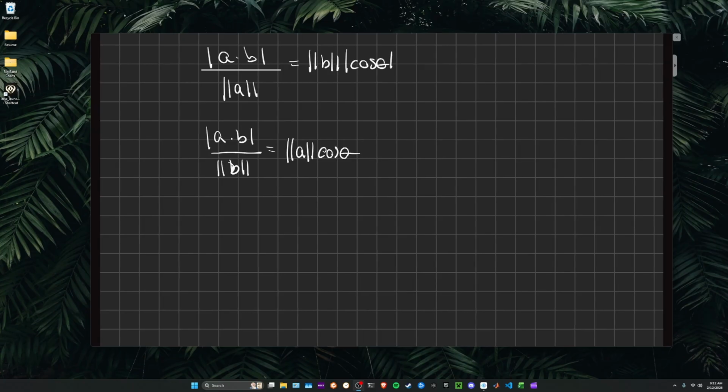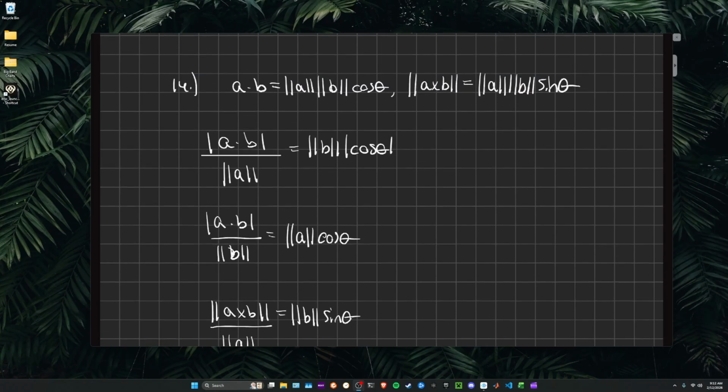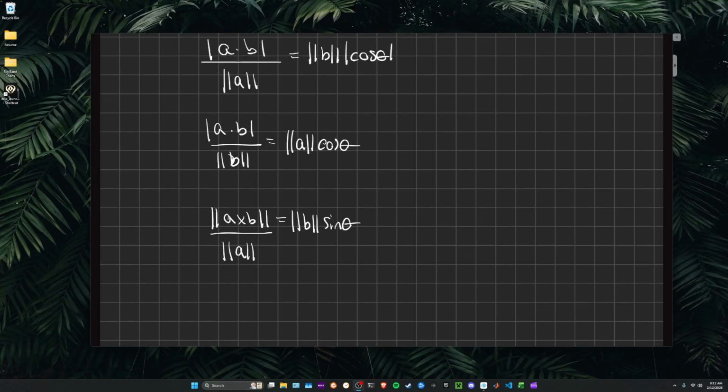Okay, then we have norm of A cross B divided by norm of A equals norm of B sine theta. And if you're wondering how I'm getting these expressions, just use these facts up here and substitute.